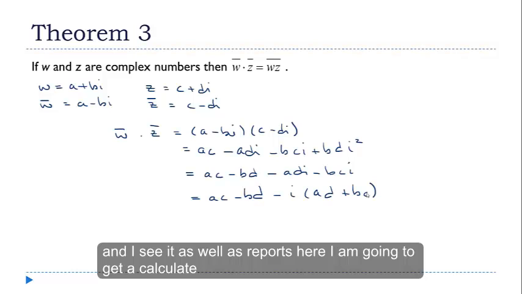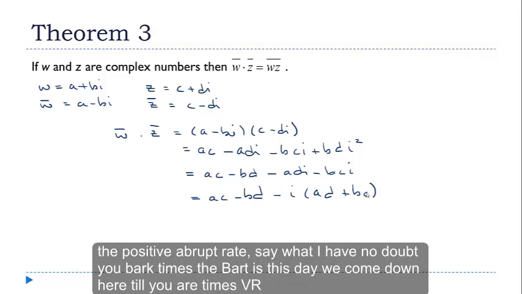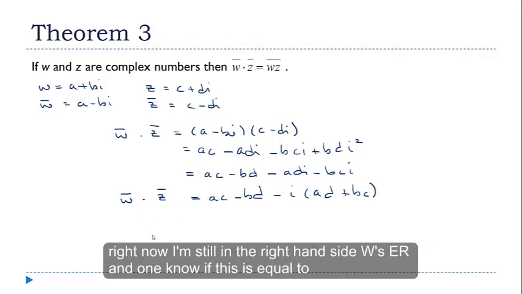I'm going to calculate the conjugate of the product. I now know that W bar times Z bar is this thing. Let me come down here. W bar times Z bar. Now I'm just going to look at the right-hand side, WZ bar, and I want to know what this is equal to.